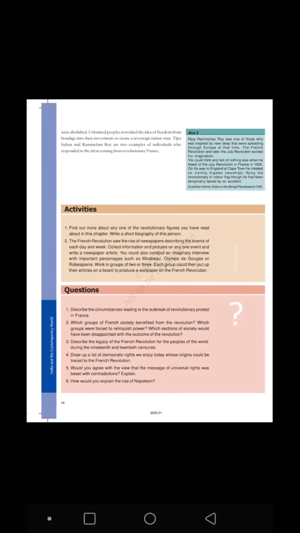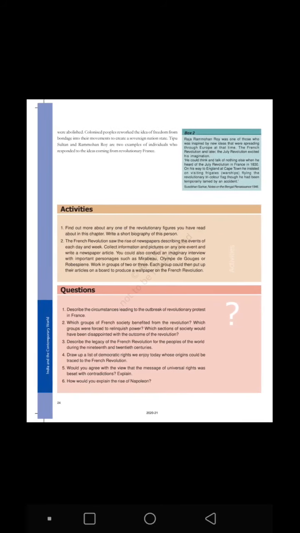Raja Ram Mohan Roy was one of those who was inspired by new ideas that were spreading through Europe at that time. The French Revolution and later the July Revolution excited his imagination. He could think and talk of nothing else when he heard of the July Revolution in France in 1830.